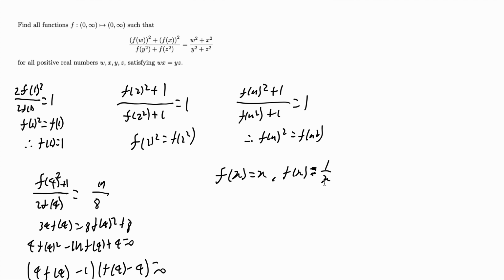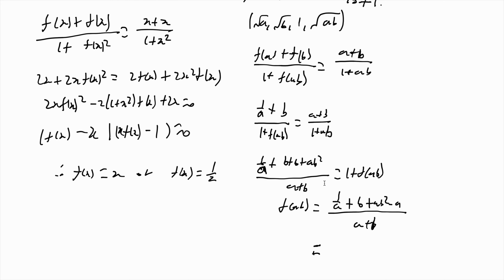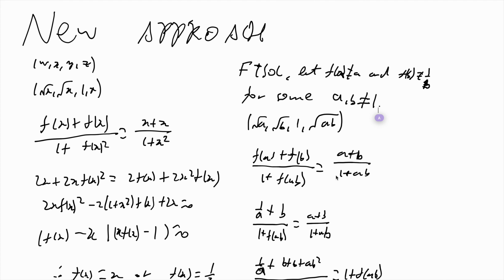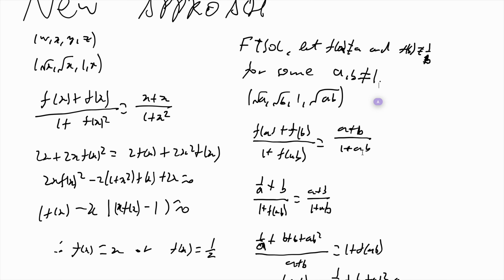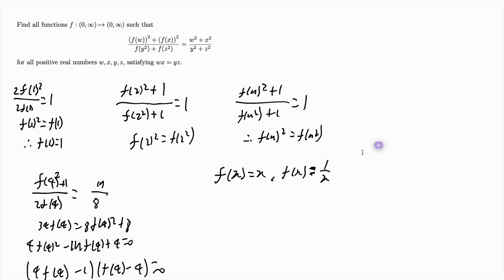How do we get a contradiction here? We somehow need to prove that a equals b equals 1. That's the only way we can get a contradiction, so that f of 1 equals 1. Wait, can we compute the value of f of 1 here?